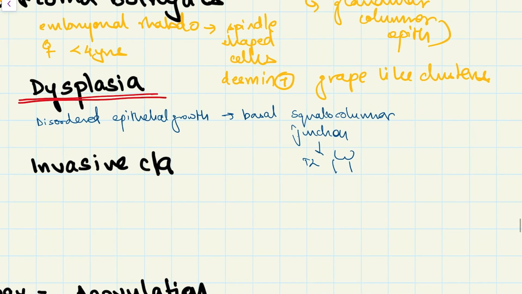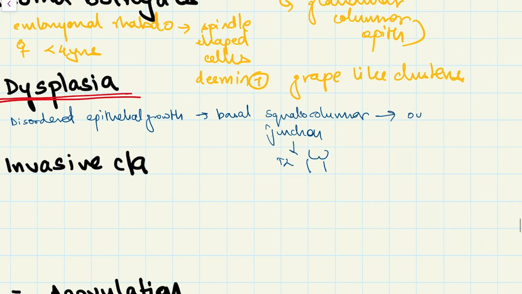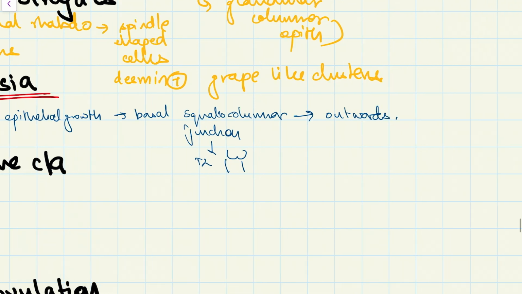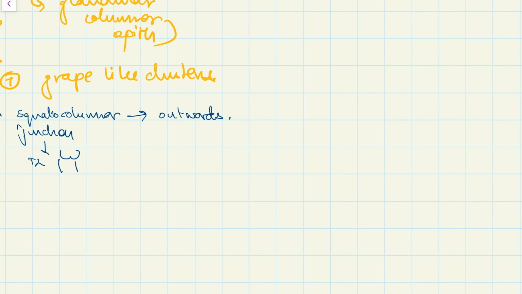Then from the transitional zone it moves outwards. Now dysplasia is classified into CIN 1, CIN 2, CIN 3 and carcinoma in situ, right?